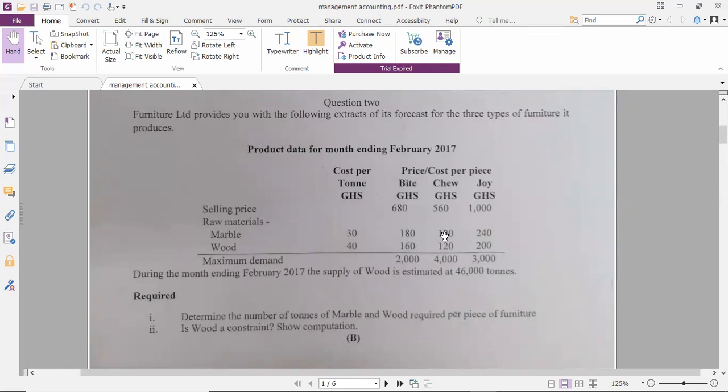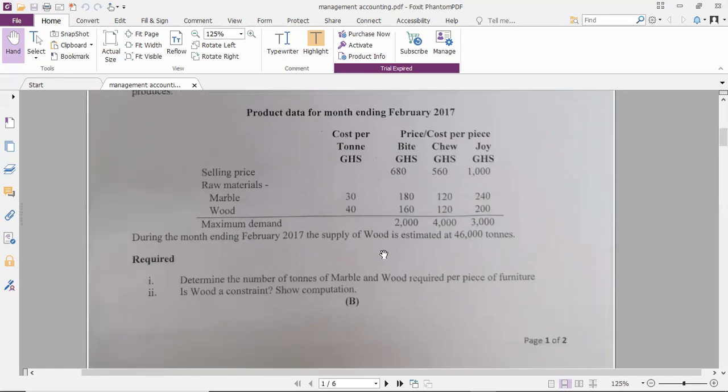We spend 120 on marble to produce 1 unit of chew. We spend 240 on marble to produce 1 unit of joy. So if we spend 180 Ghana cedis to produce 1 bite, and we know 1 ton is 30 Ghana cedis, then how many tons do we need to produce 1 unit of bite? That is what the question is asking you now.